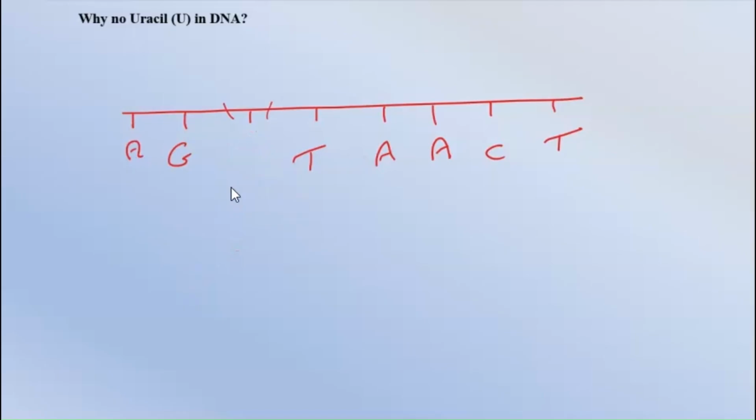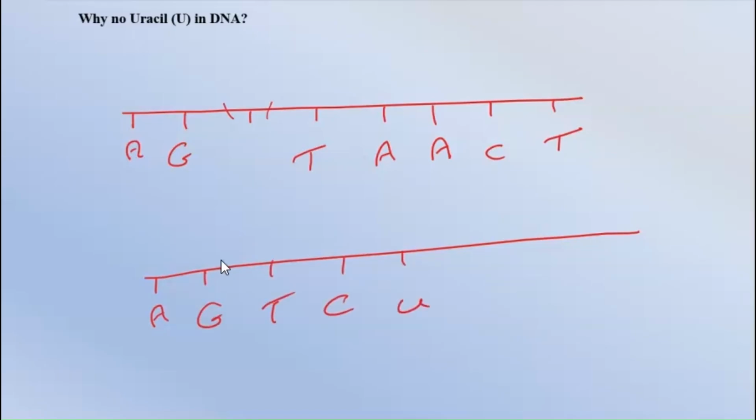Now, suppose that uracil was in fact present in DNA. Let's draw another strip of DNA and put nitrogen bases: adenine, guanine, thymine, cytosine, uracil, guanine again, cytosine, uracil, for instance. Let's suppose that this C over here underwent spontaneous cytosine deamination, and now it's transformed into a U. This repair enzyme comes in and checks: okay, you're good.